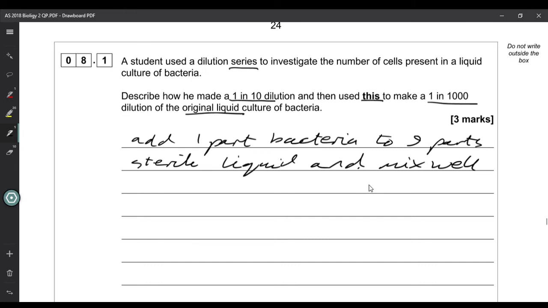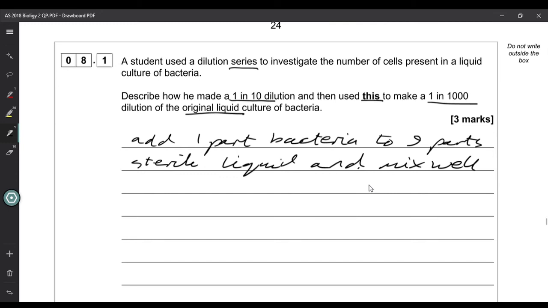So it's then how to use this 1 in 10 to get a 1 in 1,000 dilution. If we've already got a 1 in 10, we need to make a 1 in 100 from this, because the difference between a 1 in 10 and a 1 in 1,000 is a factor of 100. So we could say we take 1 part of this solution that we've made, add it to 9 parts sterile water, and then repeat that. So we've carried out 2 further dilutions.